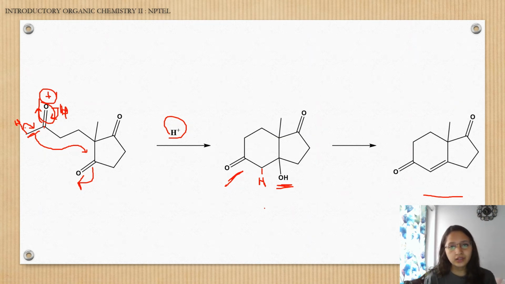Also, when you do not have the heat, the alpha beta unsaturated ketone is very much stabilized compared to the beta hydroxy ketone. For this beta hydroxy ketone, if you recall, there is a name reaction in which you end up with a beta hydroxy ketone. Which is that? Can anyone tell me?